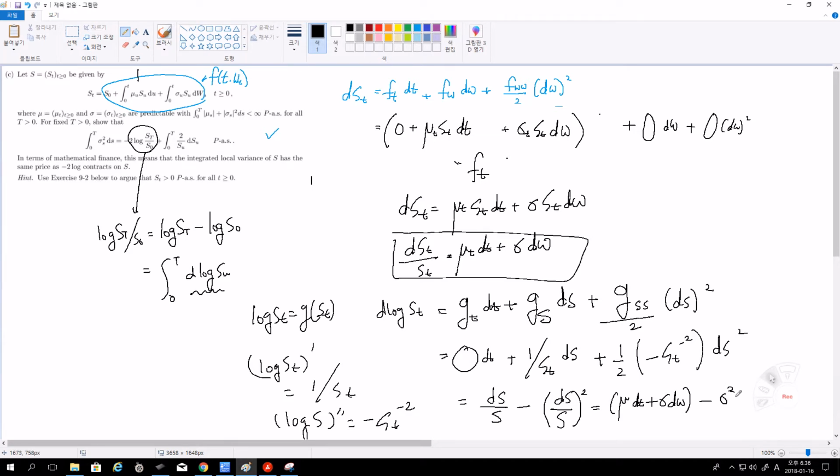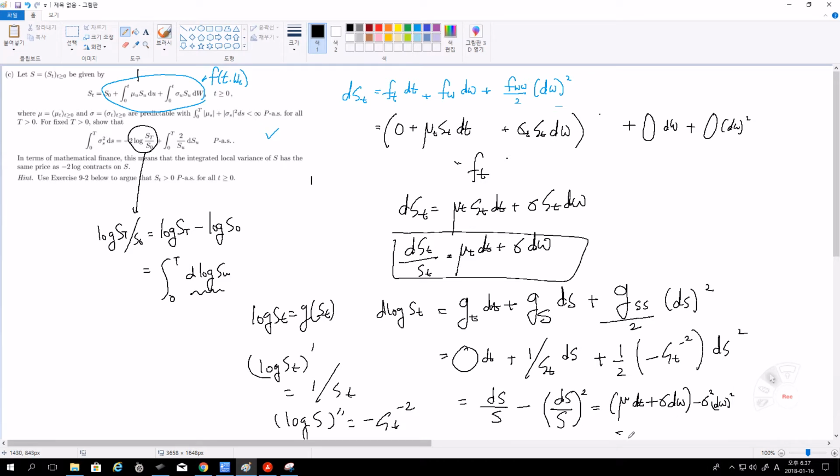Sorry, this is a minus, let me write this small, and then sigma square dW square.